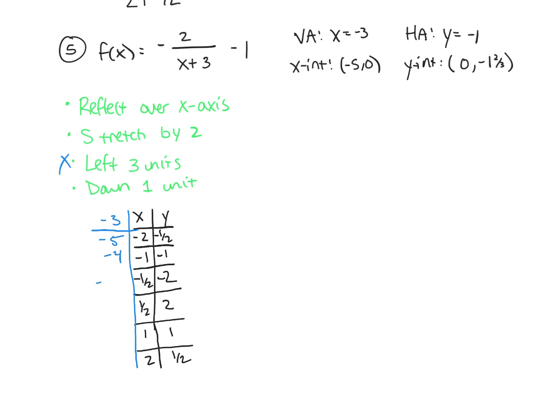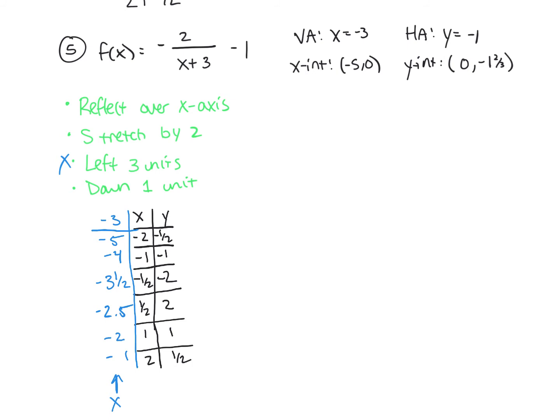Then we'll have -3 and 1/2, or -3.5 if you want. So for instance, if I do 1/2 minus 3, I can write that as -2.5. That's okay to do. And then we'll have -2 and -1. These are our new x values.